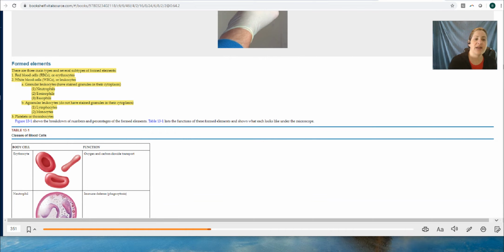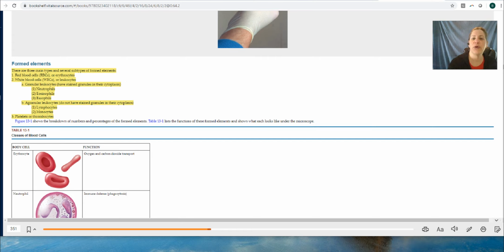So the red blood cells, that's all you need to know is red blood cells. We'll talk about the use of a red blood cell later in the chapter. However, the white blood cells have a whole bunch of different kinds. There's granular and there's agranular. The granular are neutrophil, eosinophil, and basophil, and the agranular are the lymphocytes and the monocytes. Guess what? We're going to talk about all of that a little more. And then also the platelets are in there as well.